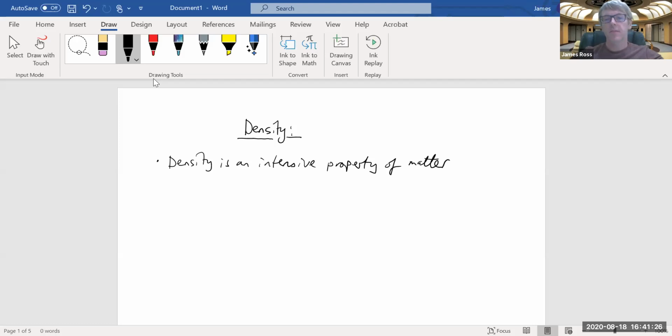So similar to temperature, which we already made a video about, it's an intensive property, which means it's independent of sample size. So density is independent of sample size.